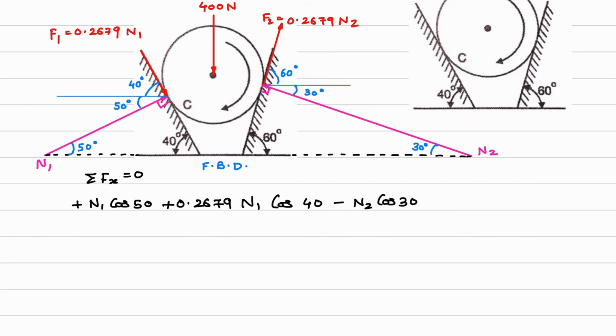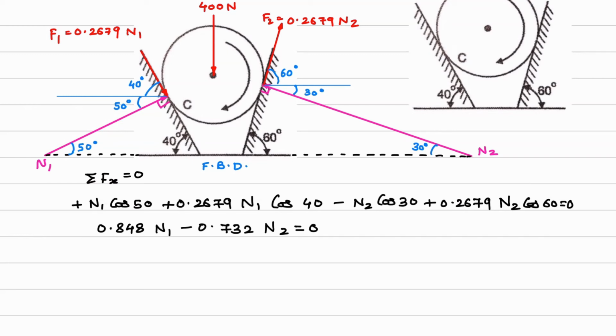So plus 0.2679 N2 cos 60 equal to 0. So in this equation we have two unknowns N1 and N2. So I can write down 0.848 N1 minus 0.732 N2 equal to 0.